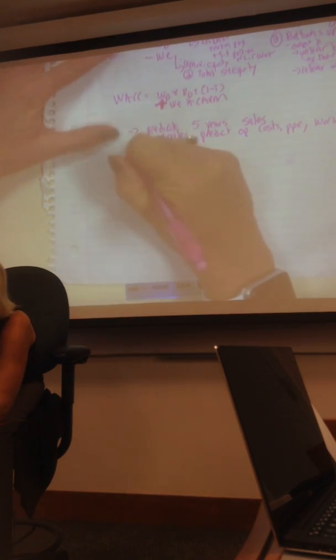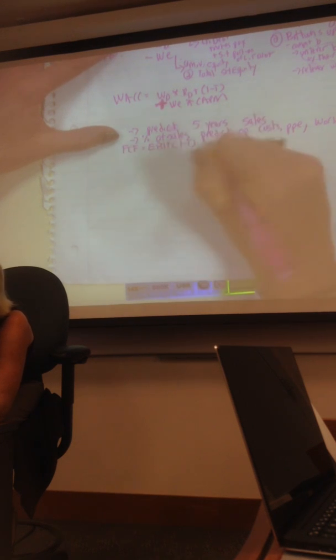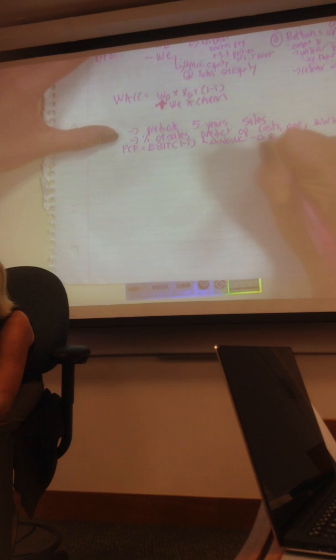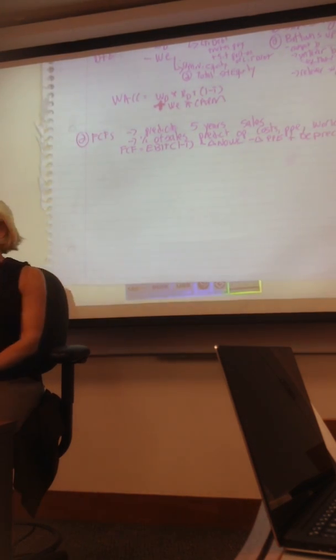Free cash flow each year is equal to EBIT times 1 minus the tax rate, minus the change in net operating working capital, minus your change in property, plant, equipment. And when do you add back in depreciation? When it's gross.